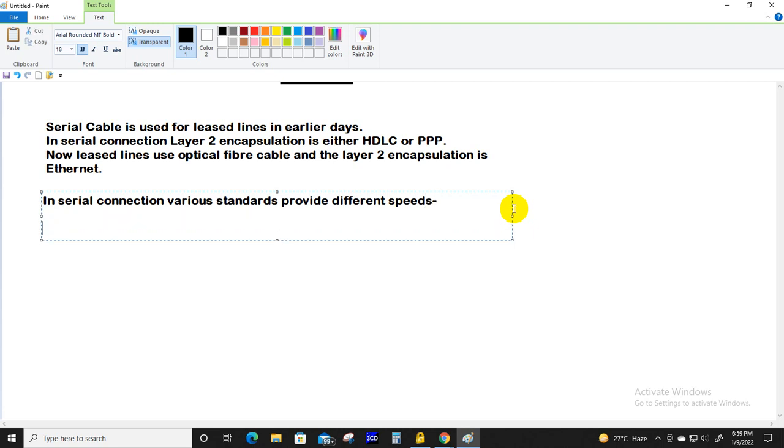Like we know all about T1, it is 1.544 Mbps.